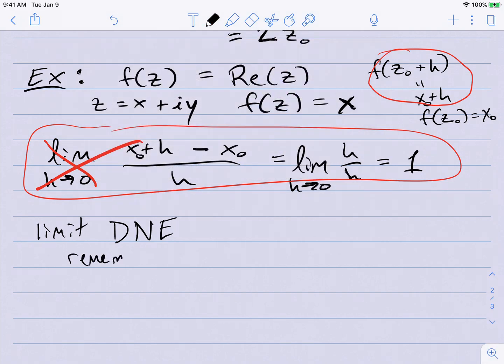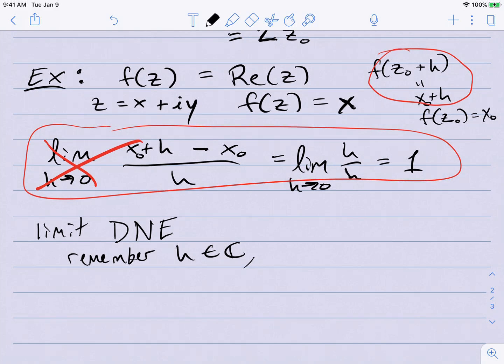So remember, h is just some number in C, right? So maybe I should write it more carefully as a complex number. I can write it as, let's see, I'll call the real and imaginary parts h1 and h2. So h is equal to h1 plus i times h2.